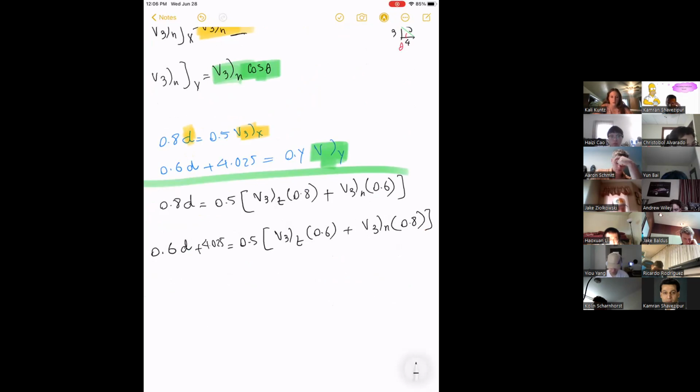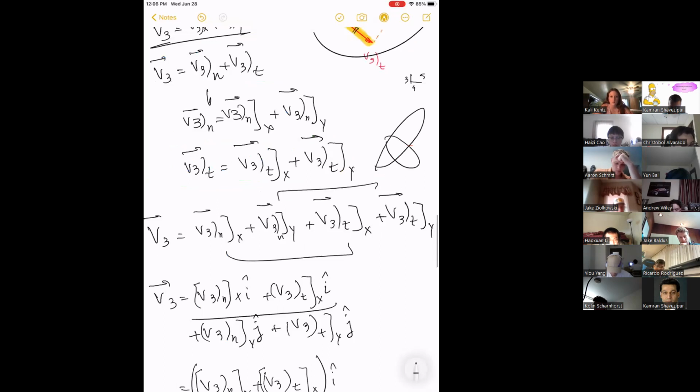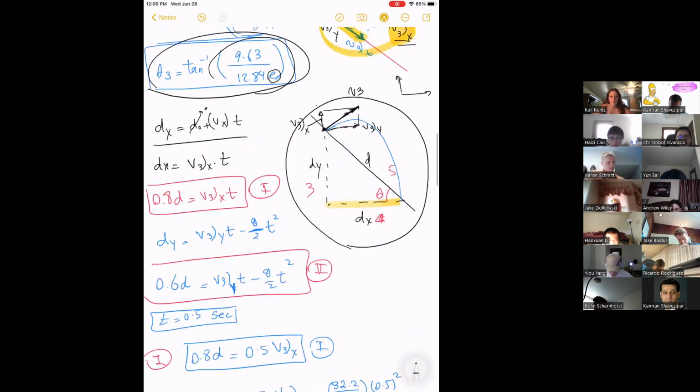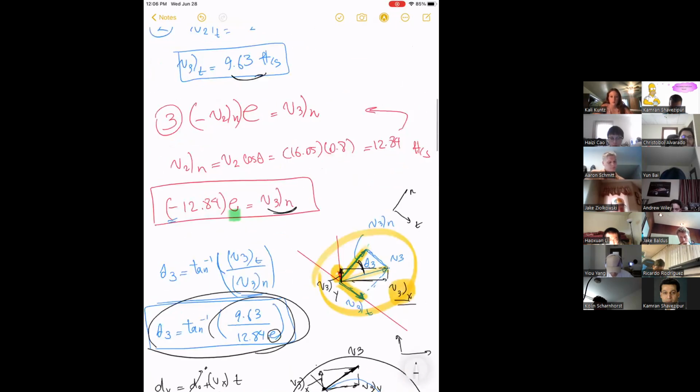Okay. Looks good. Now, if I substitute, remember, V3n is this much and V3t is this much. I'm going to substitute these values.